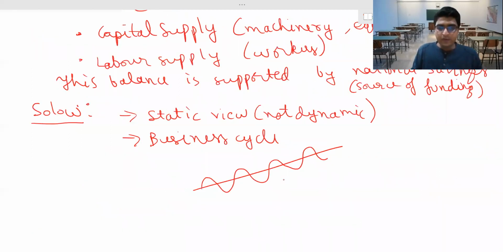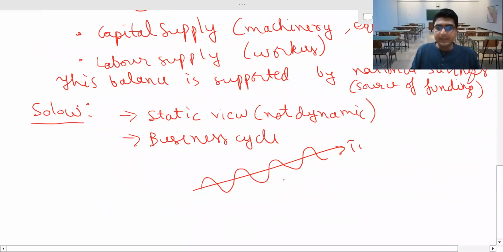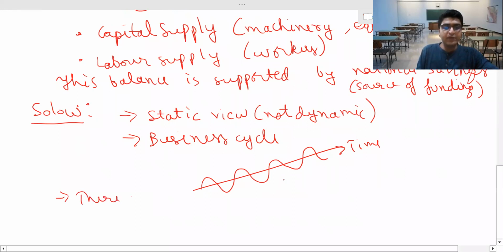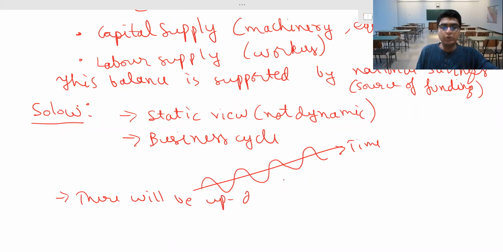So it is a static view. That means with time, when things change, when there are changes in the variables, there is change in the growth rate, there is change in the amount of resources, there is change in the behavior of people, their theory will not be able to answer all the things required. Okay, so there will be ups and downs in the economy.